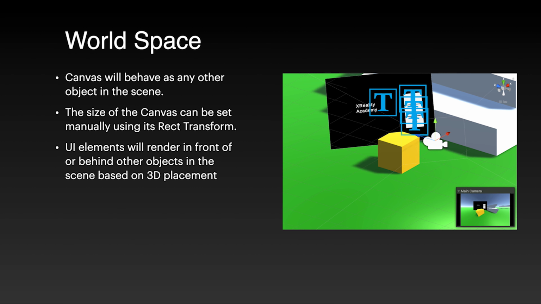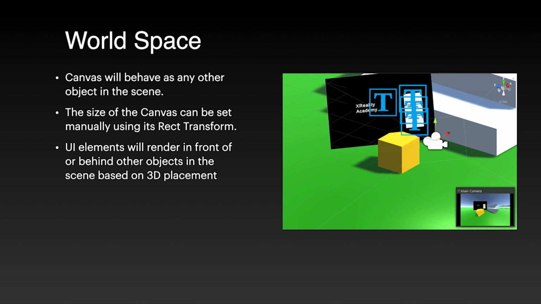Similar to that, imagine there's a card inside the 3D space. You got a Christmas card and you hold it in your hand. That is similar to world space. It's treated as part of a 3D object. So the canvas will behave as another object in the 3D space.